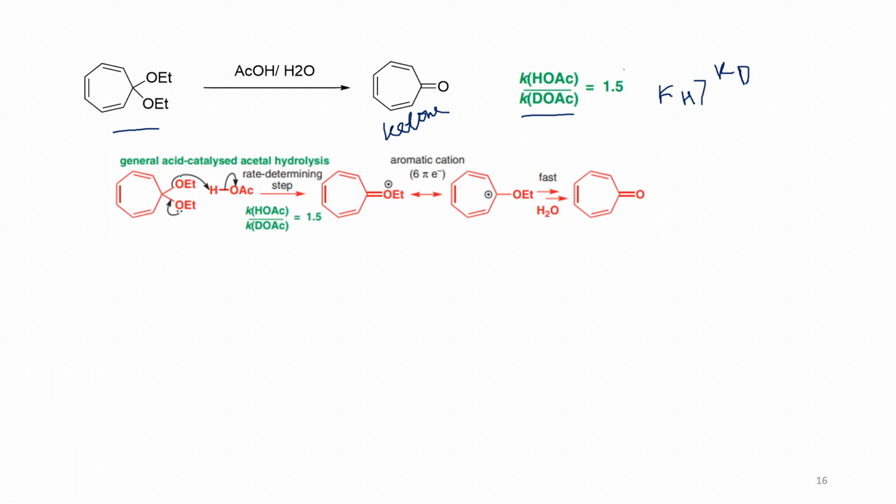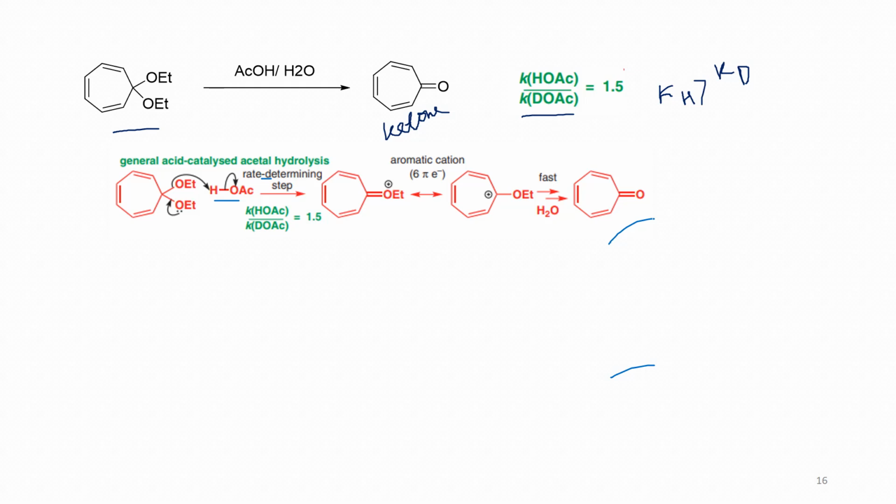This OEt will take up a proton from this acetic acid at the rate determining step, forming this carbocation intermediate, and this carbocation intermediate is also stable because of the aromatic nature of this cyclic ring. After that, on hydrolysis it forms our desired product. Okay, just try to note down the mechanism. If this type of question comes, then it will be easier for you to solve.